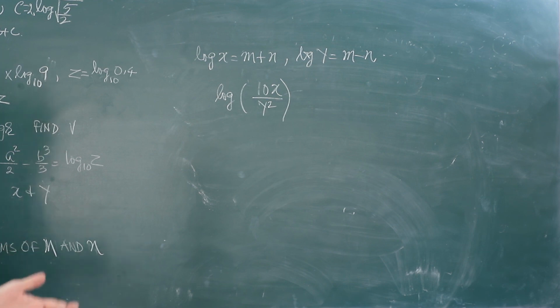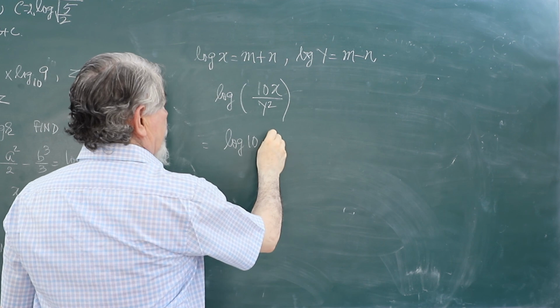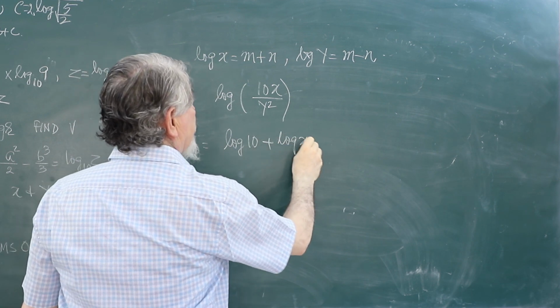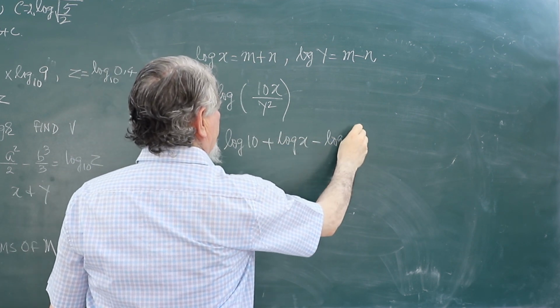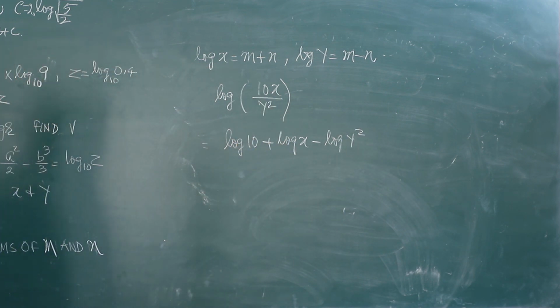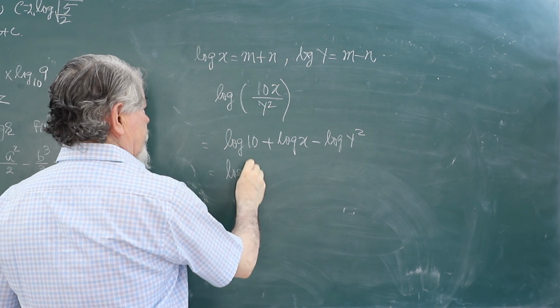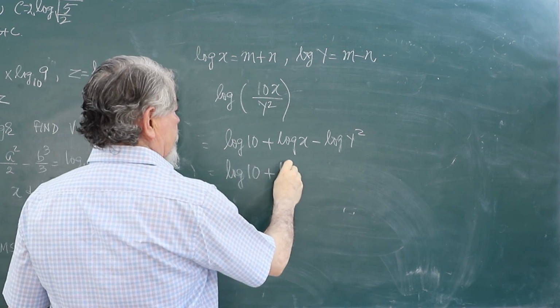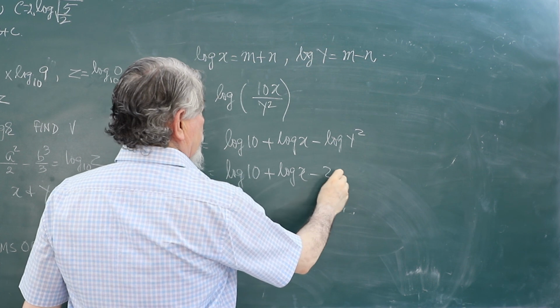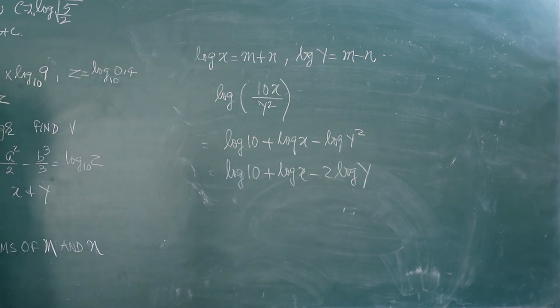So we will write it as log 10 plus log x minus log y square. Why? Log a into b is log a plus log b, and the denominator will go as negative. So log 10 plus log x minus 2 log y. We have brought the power as the multiple.